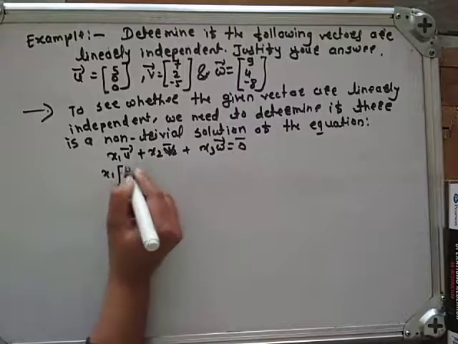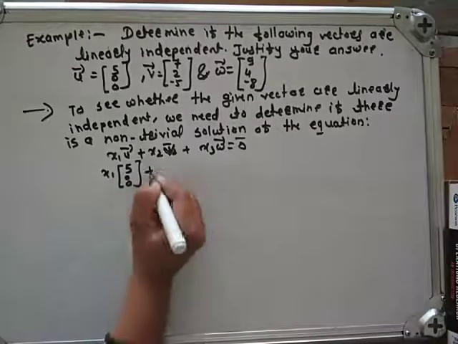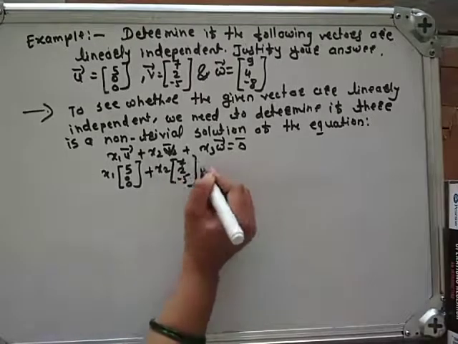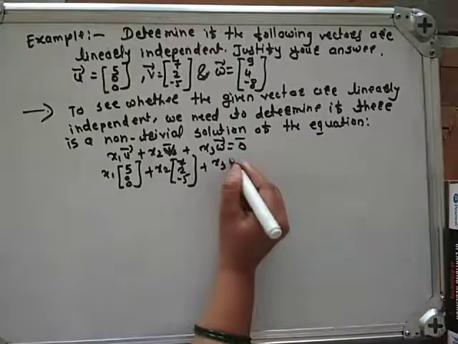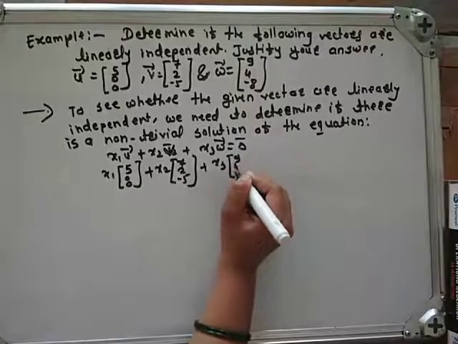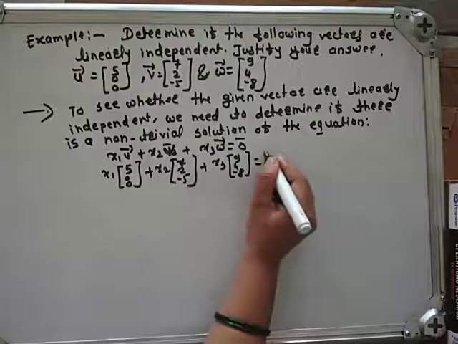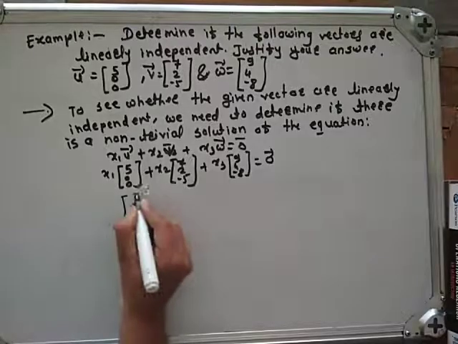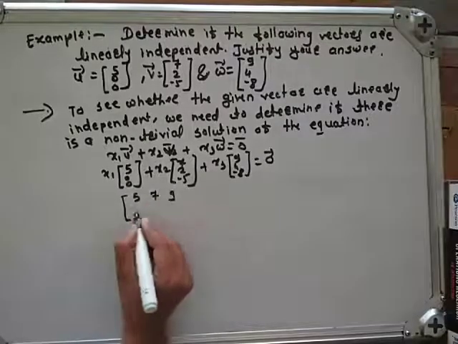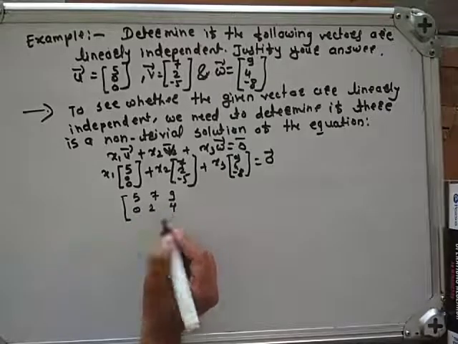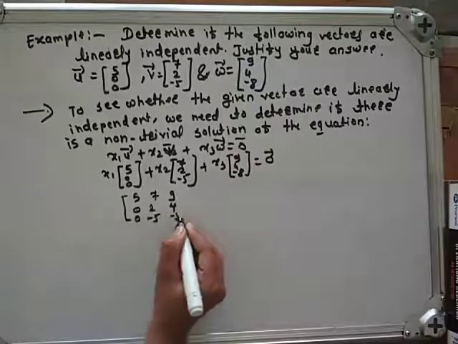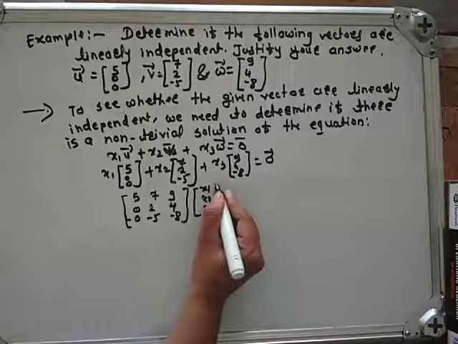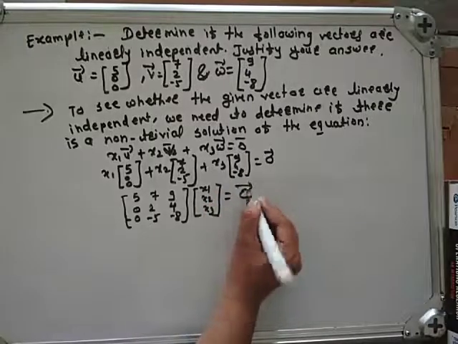x1 into u bar, which is 5 0 0, plus x2 into v bar, which is 7 2 minus 5, plus x3 into 9 4 minus 8, is equal to 0 bar. From this we get the matrix 5 7 9, 0 2 4, 0 minus 5 minus 8, times x1 x2 x3, equal to 0 bar.